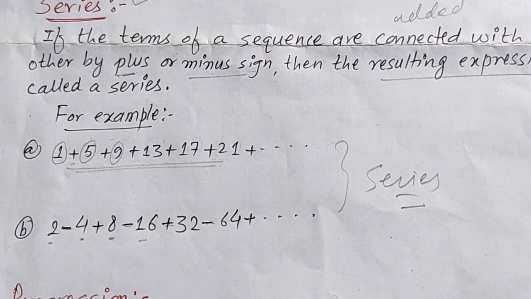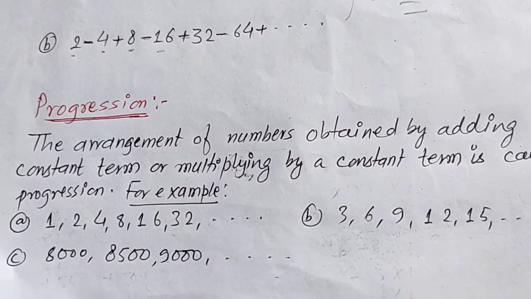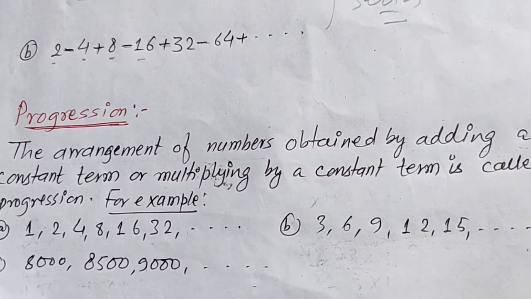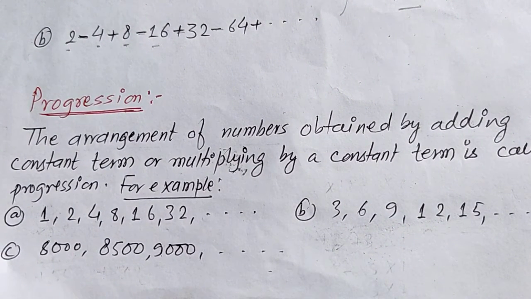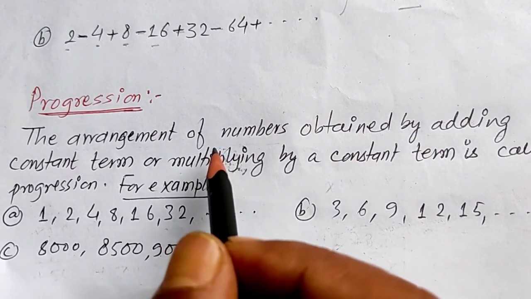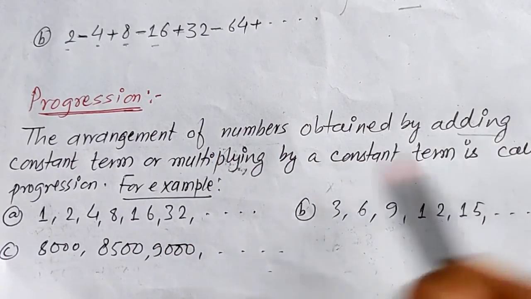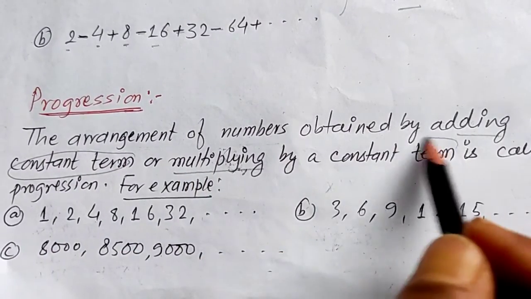Now, dear students, we discuss progression. Progression is defined as the arrangement of numbers obtained by adding a constant term or multiplying by a constant term.